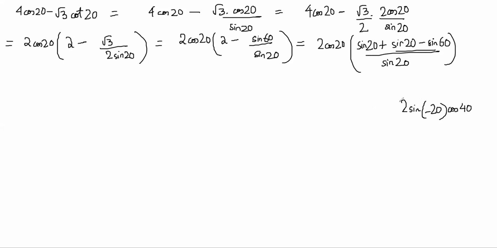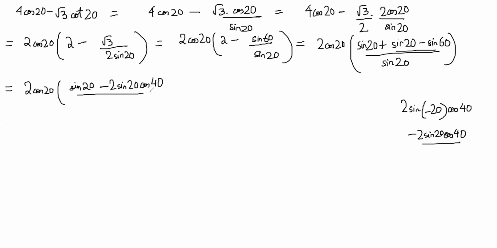That becomes minus 2 sine 20 cos 40. So we get 2 cos 20 times (sine 20 minus 2 sine 20 cos 40) by sine 20. Are you sure we are getting this? I'm using this formula.